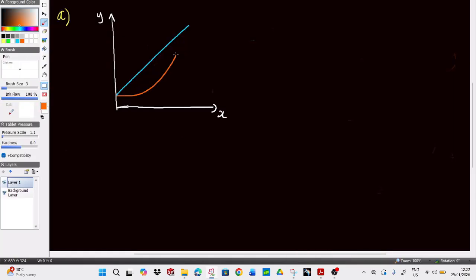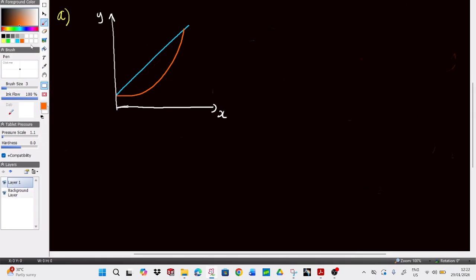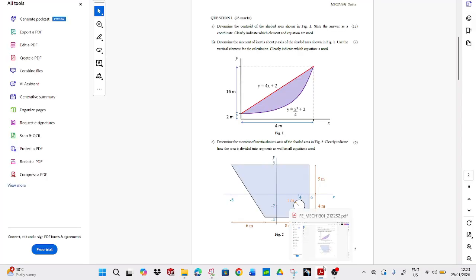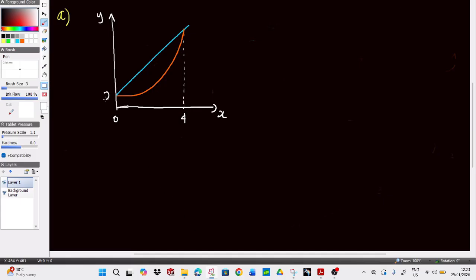The range is 0 to 4, and here is the point 2 and 16, so here would be 2, and here would be 16.